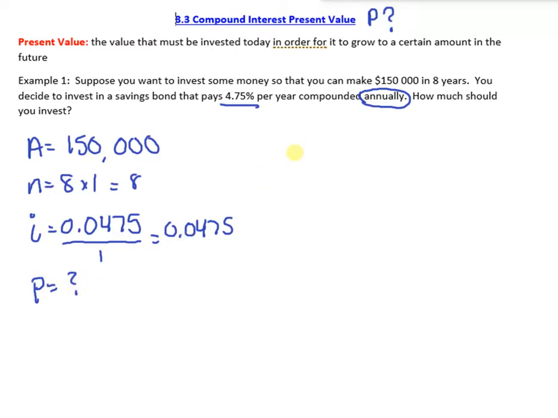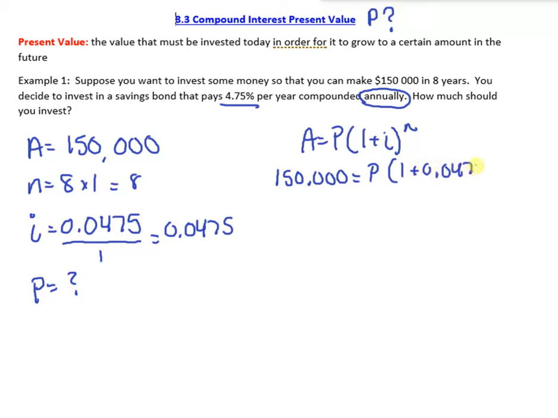Now, I don't make anybody memorize another formula. What I do is I just take the actual formula that we've been using and I calculate it from there. So if we sub in the amount, say 150,000 equals, we don't know the P, but we know the i, so 1 plus 0.0475, and we know the amount of time, which is 8 years.